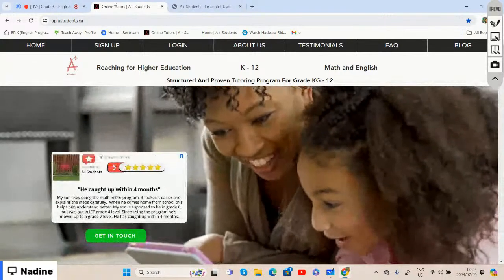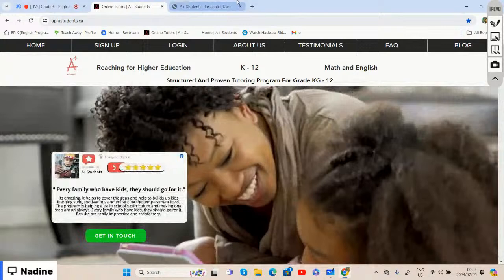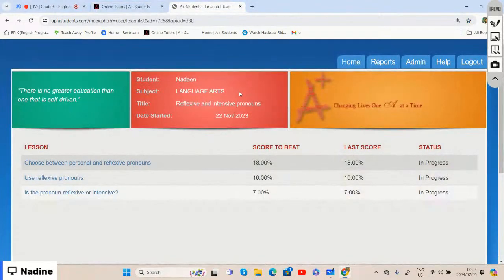Then we're going to scroll down until we get to the chapter of reflexive and intensive pronouns.